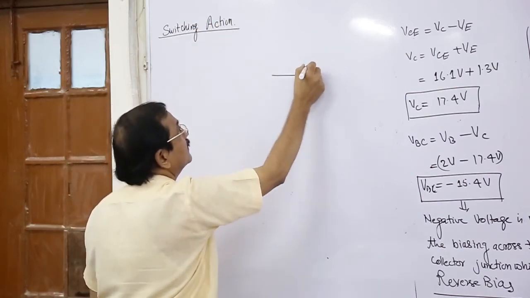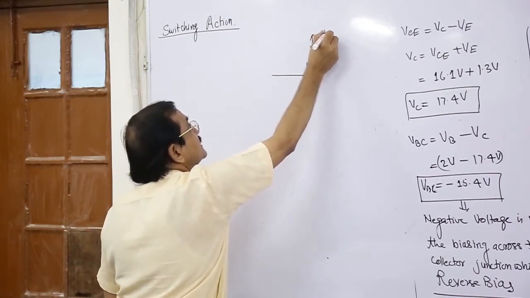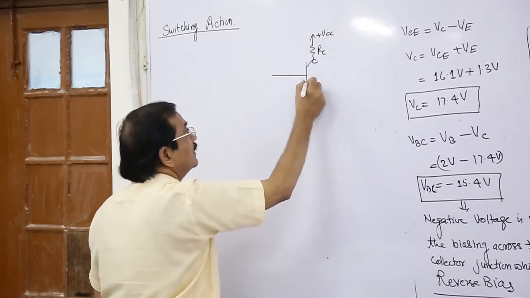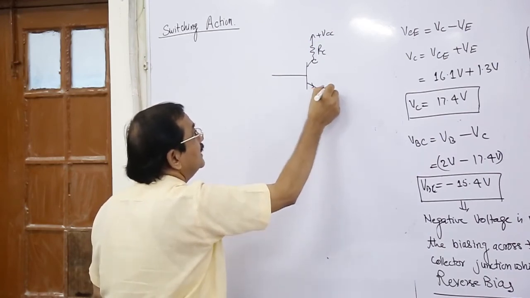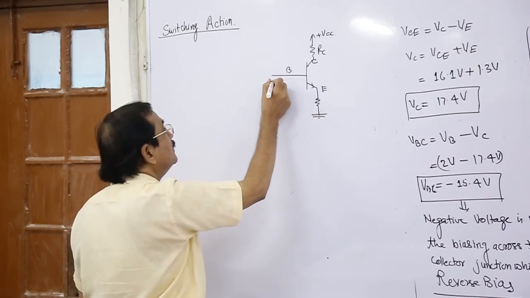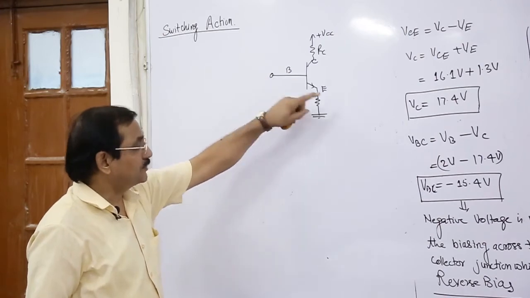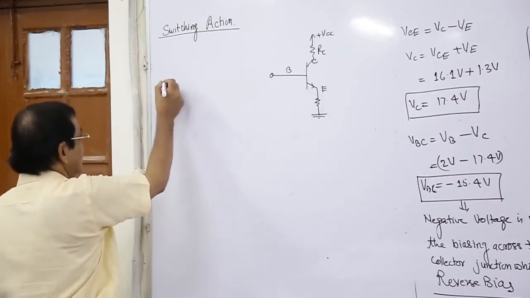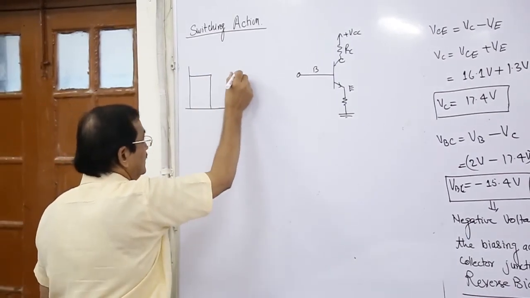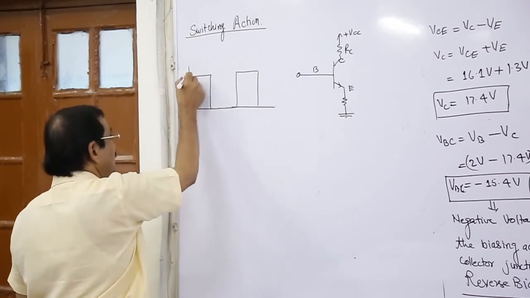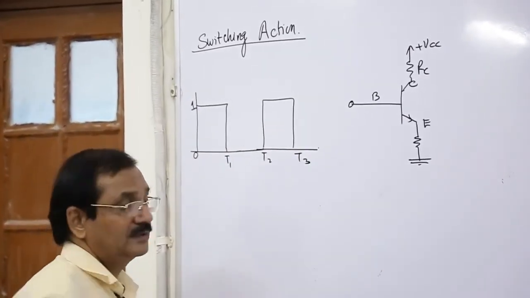This is the base, here it is plus VCC, RC, this is C, here it is E, and this is base terminal. So, on this base terminal, due to the transition state, it is 0 to 1, this is time 1, this is time 2, this is time 3.